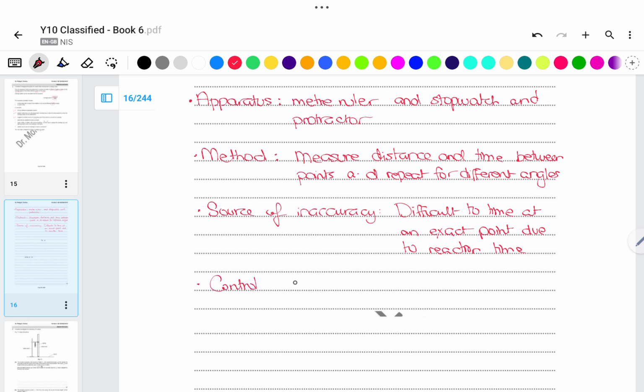The control variable is that I need to always start from the same place and end at the same place, to be able to know the speed with different angles. So I'm going to say that distance between points is what I'm going to keep in control.